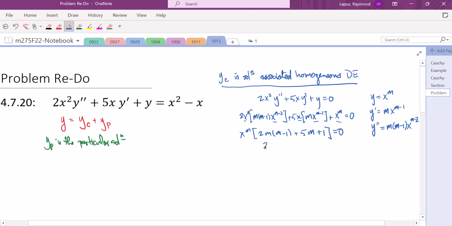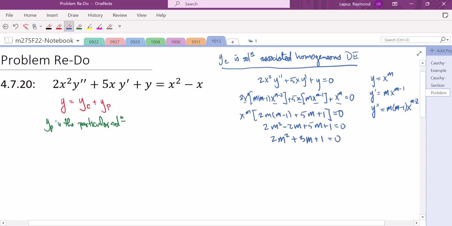And then we have a quadratic, 2m squared minus 2m plus 5m plus 1 equal to 0, and then a trinomial that we can solve by factoring or other means, quadratic formula if need be, but I think this can be factored as 2m plus 1 and m plus 1 equals 0. So that will give us a solution of m equals negative 1/2 and m equals negative 1.